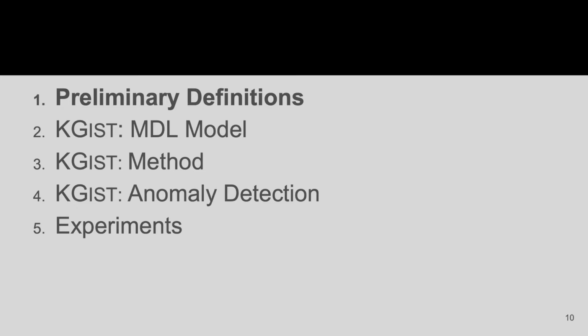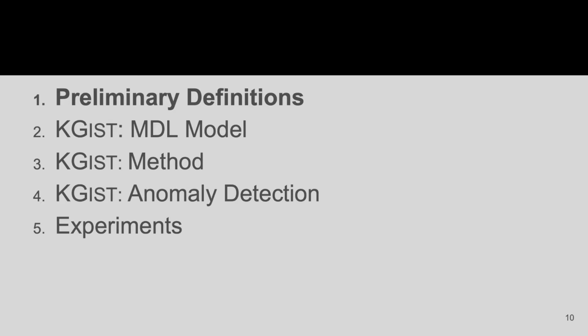The first will be some preliminary definitions. After that, we will introduce our minimum description length-based problem formulation, and we will then introduce a method to solve that problem. The output of that method will be a summary or description of what is normal in the knowledge graph, so we will then show how to use that summary to identify what is abnormal or anomalous.